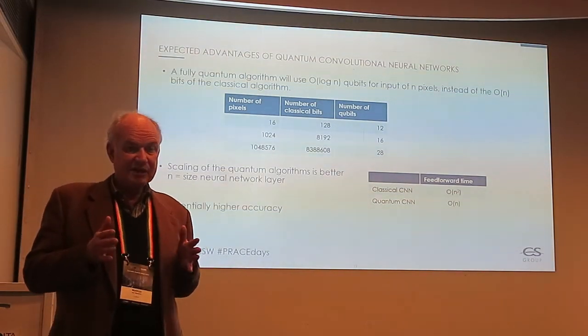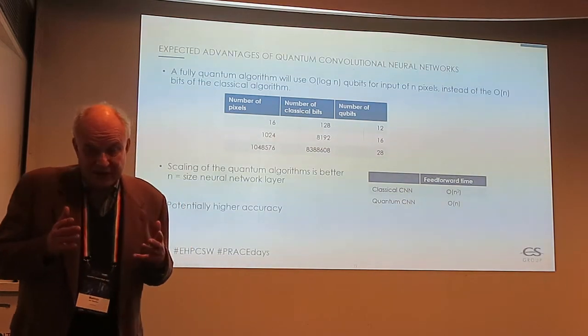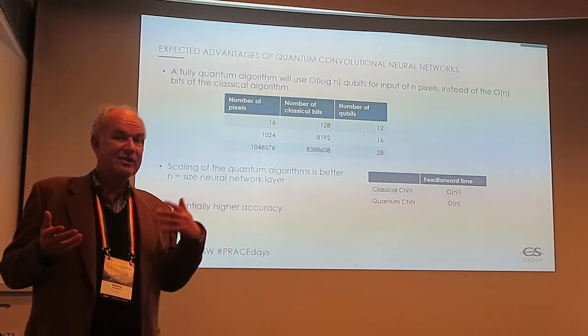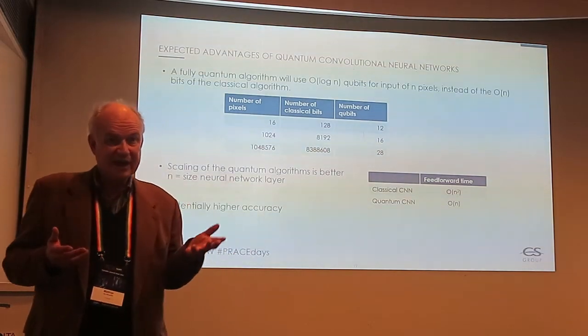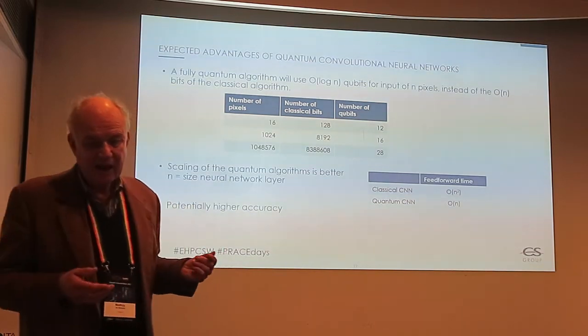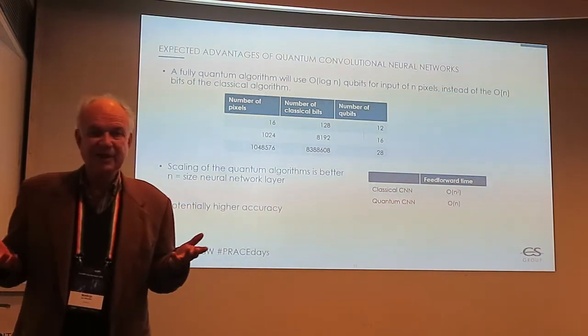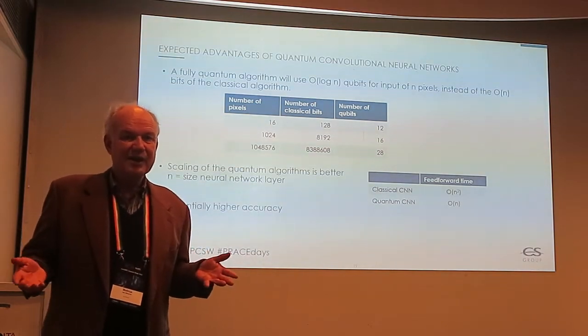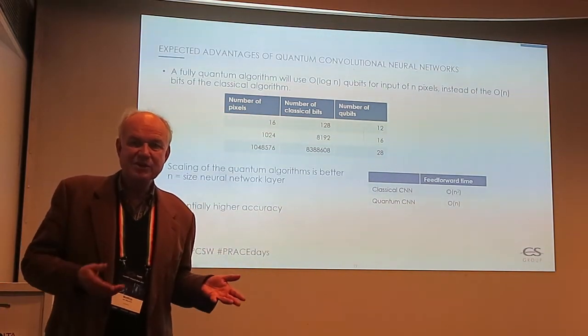The algorithm itself would scale order n in the quantum version instead of order n squared as in the classical version, so there we have a polynomial speedup, and potentially higher accuracy. There have been cases in the literature where the accuracy is better with a quantum algorithm than with a classical algorithm.